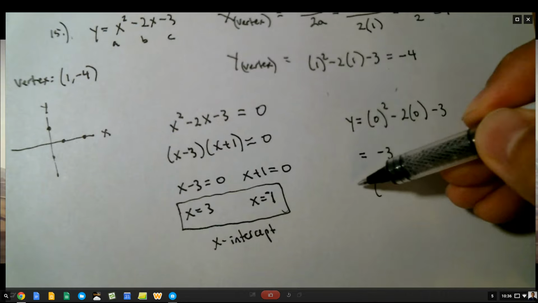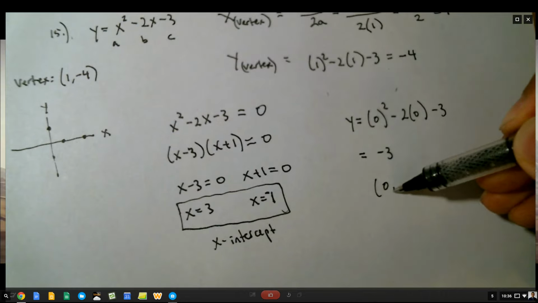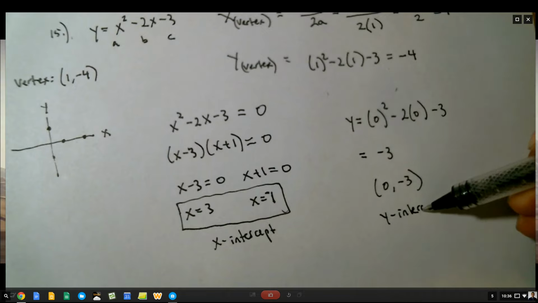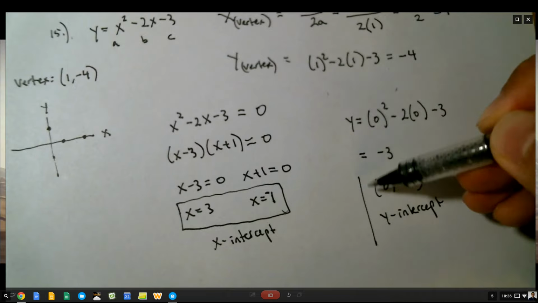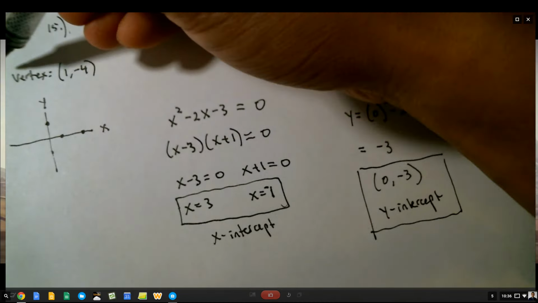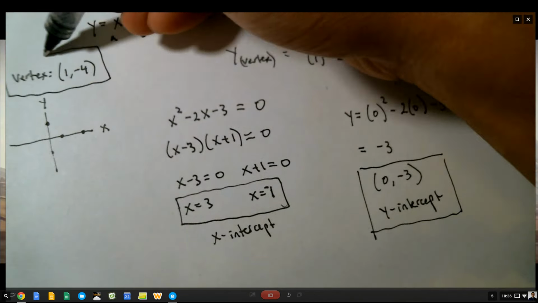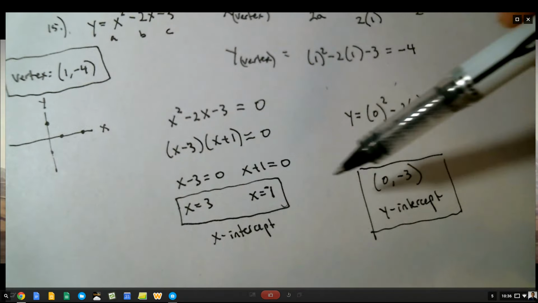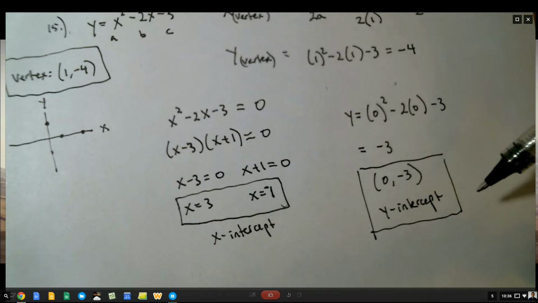The coordinate is (0, -3), and that is my y-intercept. This is my vertex. I'll just box everything we need. So we found the vertex, the x-intercept, and now the y-intercept.